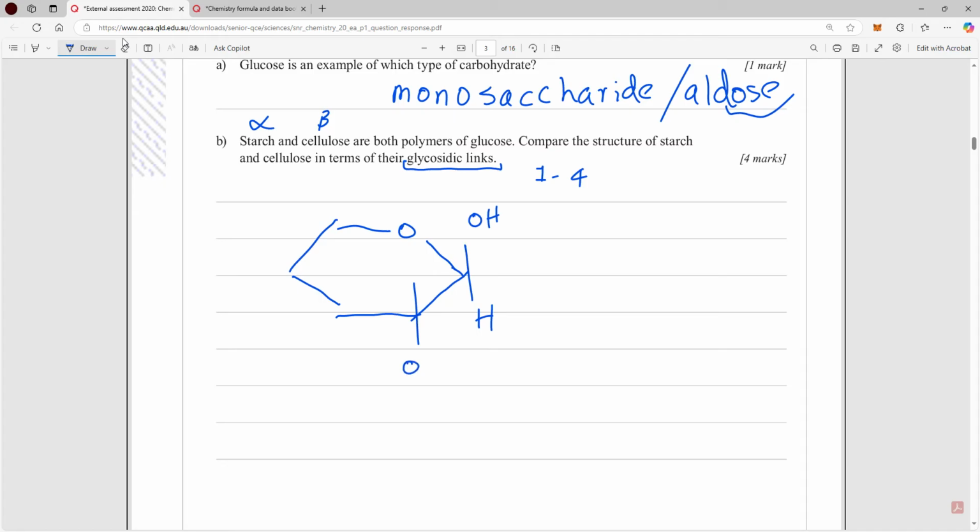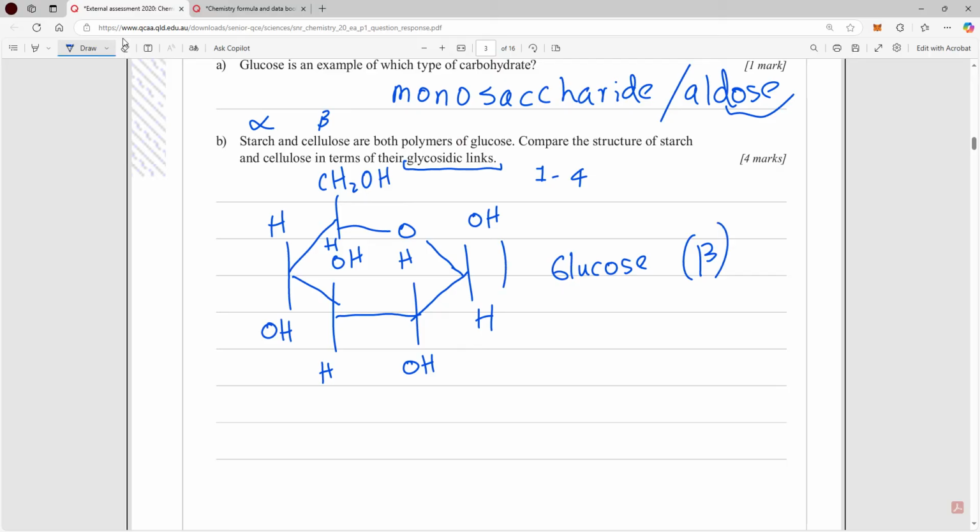No, OH, H, then that one is H, OH, then that's OH, H, and then this one has H, and then CH2OH. So this is beta glucose, because these have been swapped around.